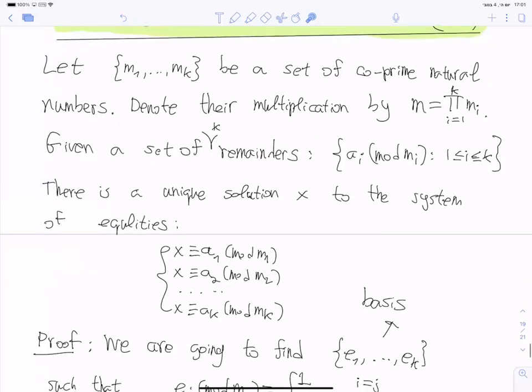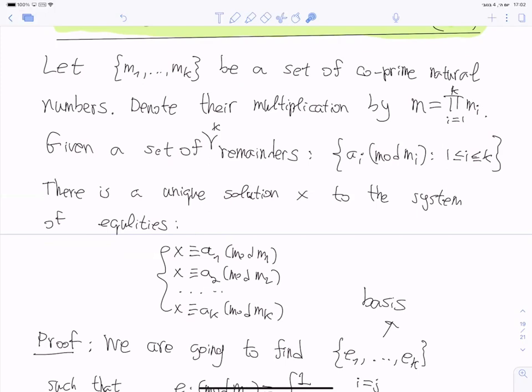I mean, there is a single X modulo M, where M is the product of all the Mi, such that modulo M1 it will be A1, modulo M2 it will be A2, and so on. We said, tell us your remainders, and we are going to tell you who you are.